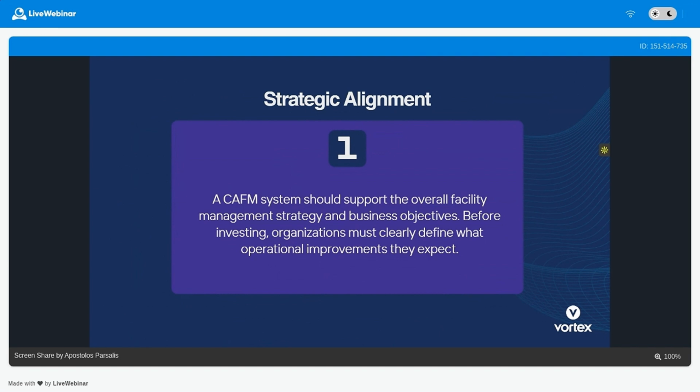If you're handling it internally with internal teams, again, the software is the same. A CAFM system can handle both situations, but the targets are different, okay? Probably asset visibility is more important when you have your own assets, but when you are serving customers, service quality is more important, okay? So strategic alignment is the first really important factor.